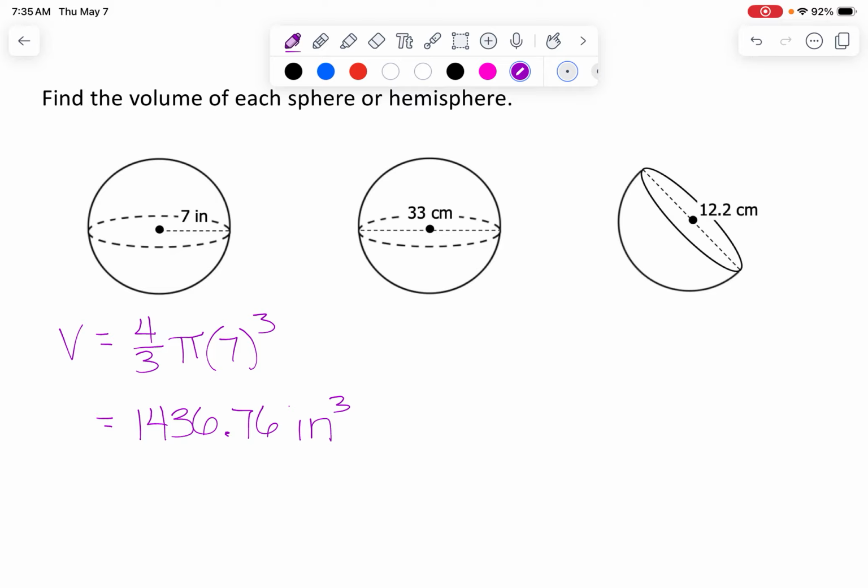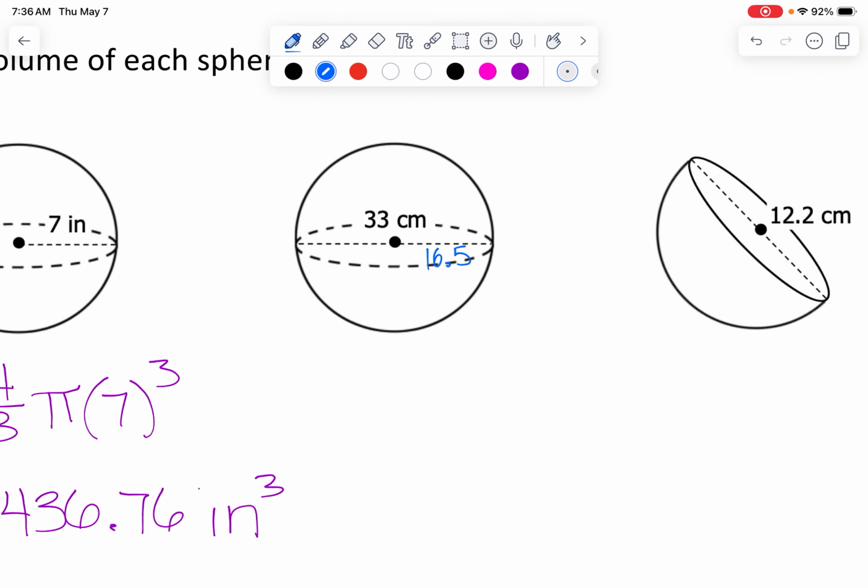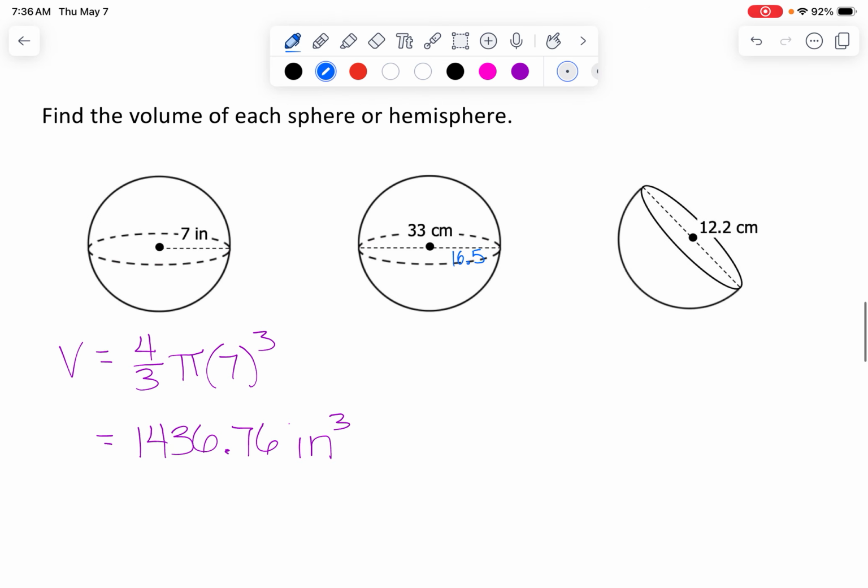Okay, let's try another one. So this one, same, right? Except we don't have the radius, we have the diameter. So I just need to say, all right, my radius, then what is this? Well, this is 16.5 halfway across. So just take 33 and cut that in half. So my radius is 16.5.